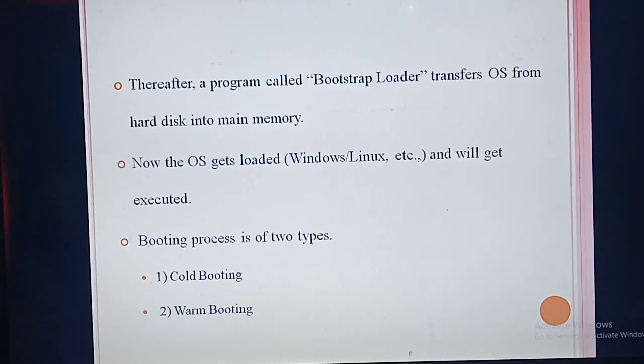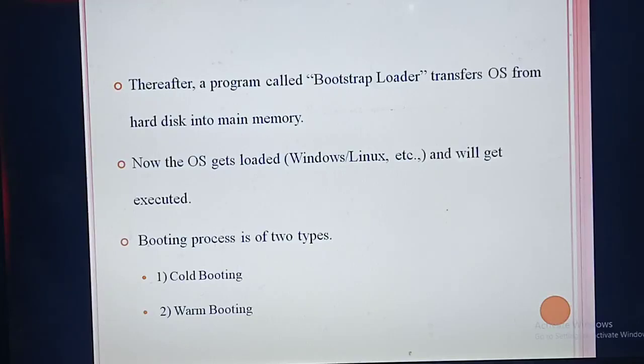So when you switch on the computer, a program called the bootstrap loader will transfer information from where to where? From the hard disk into main memory. After the booting only, the OS will execute. Okay, so there are two types of booting. Very important 2 mark question.